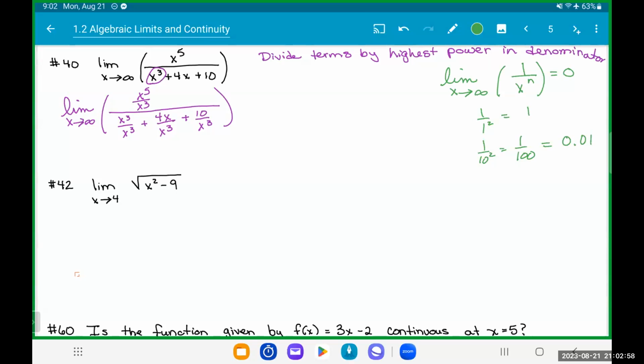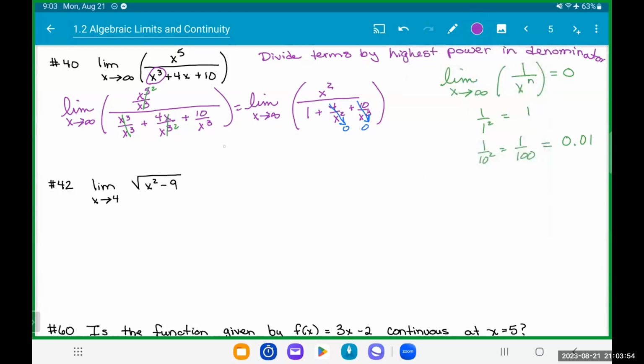Same thought process here. This will cancel and leave us with an x squared up here. So that gives us the limit as x approaches infinity of x squared over 1 plus 4 over x squared plus 10 over x cubed. When we plug infinity into this problem, the fractions drive to 0, based on our fact that x raised to some power still drives to 0.